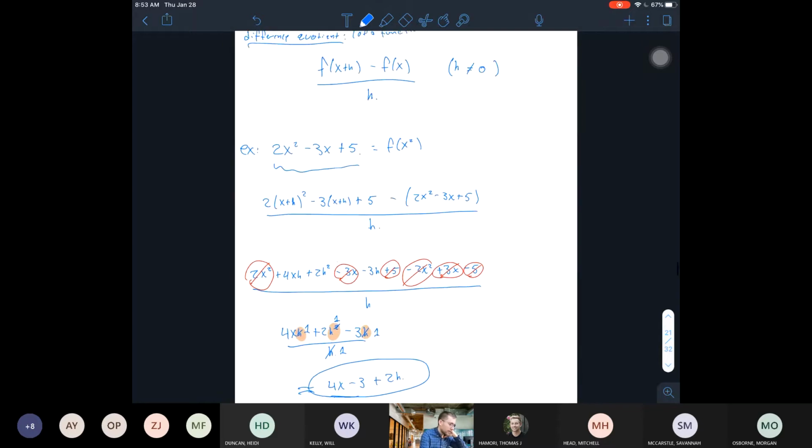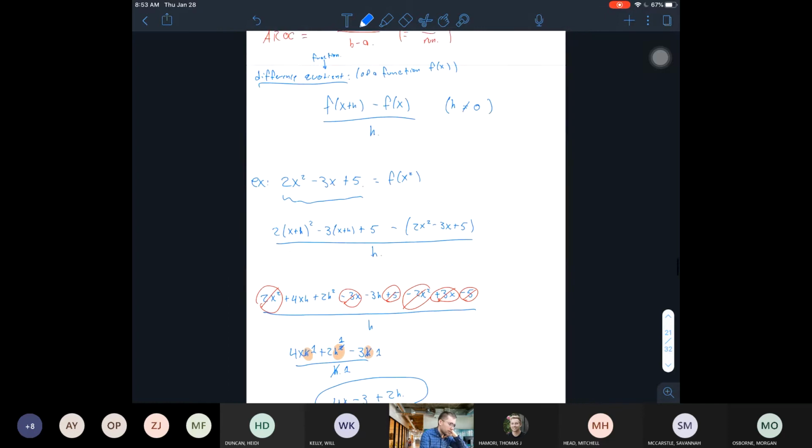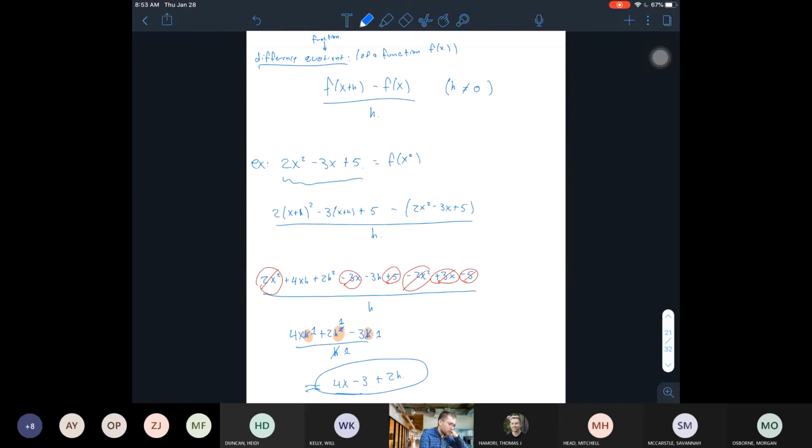Okay, so that's what a difference quotient is. We probably won't work that much with difference quotients, but I want everyone to be aware of what they are, so that they're not confused when they come to calculus, because this is how we learn how to do derivatives, by doing lots and lots of difference quotients and taking limits of difference quotients.